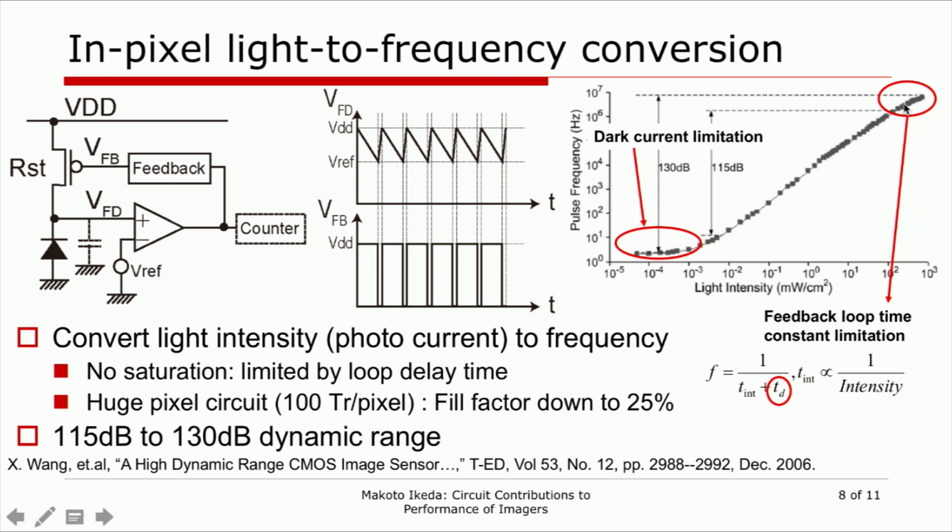So if you can utilize high-speed digital circuits for this kind of pulse generation and feedback, dynamic range can be further extended. Even for this case, 115 up to 130 dB has been realized.